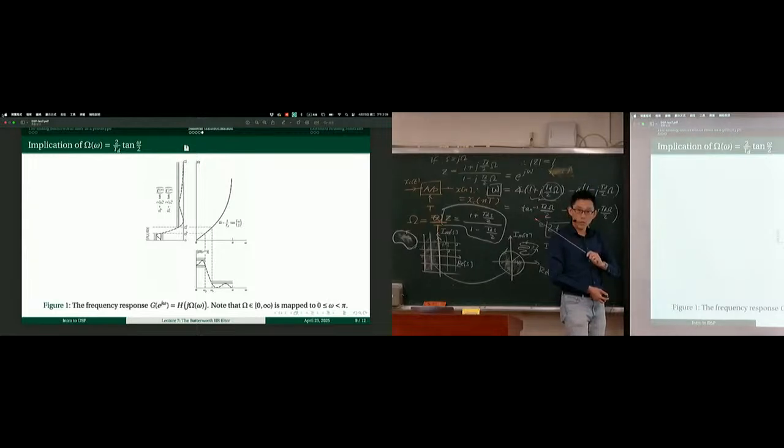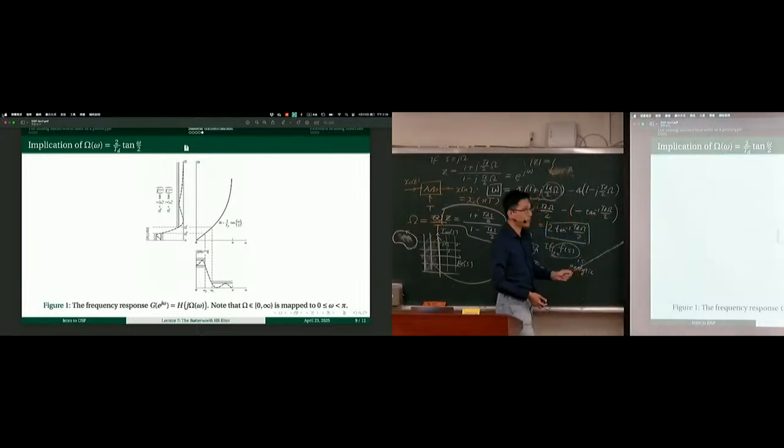So let's be clear that we have two different contexts: filter design versus sampling a signal. This is about designing a system, that is about sampling a signal. System versus signal, two different contexts. The application contexts are different. So let me clarify that.